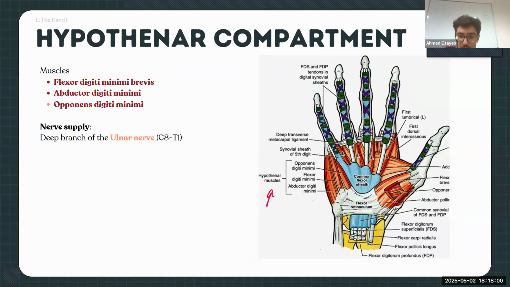And I Googled this. Apparently it's an accessory muscle, so not everyone has it. And it's located in your wrist. Forget about it. Don't confuse yourself. So you have these three muscles for your hypothenar compartment. Flexor digiti minimi brevis, abductor digiti minimi, opponens digiti minimi. And it makes sense. This is your hypothenar, you're concerned with your pinky. This is your thenar, you're concerned with your thumb. What is the innervation? Ulnar nerve.